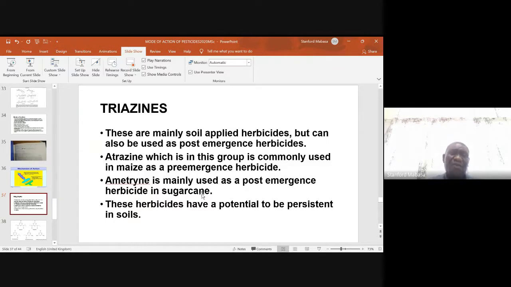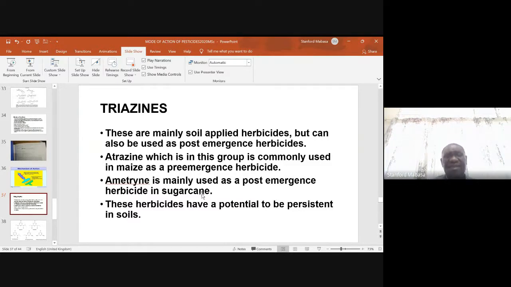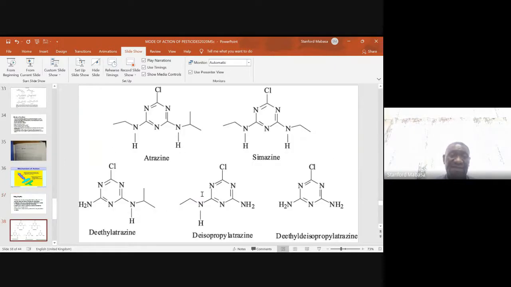Atrazine is one of the commonly used herbicides. Ametrine is also another triazine, which can be used as a post-emergence herbicide in sugarcane. And these herbicides have got a potential to be persistent.